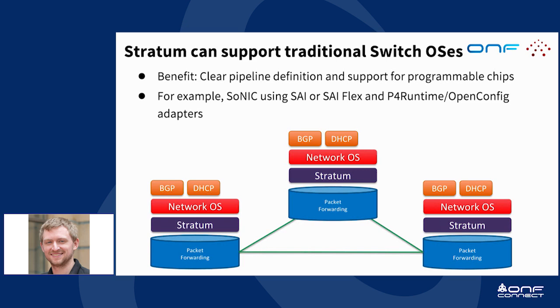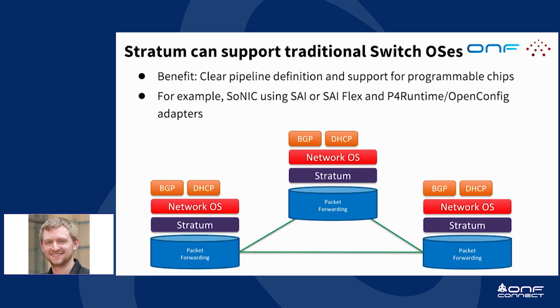So one clear benefit is if you defined your pipeline more clearly in a language that is consumable programmatically, it becomes a lot easier for a network engineer or control plane engineer to reason about a pipeline and program against it. The second initial benefit is a lot of the network OSs that we're looking at today don't have support for programmable chips. Or if they support programmable chips, they don't expose chip programmability to the control plane.